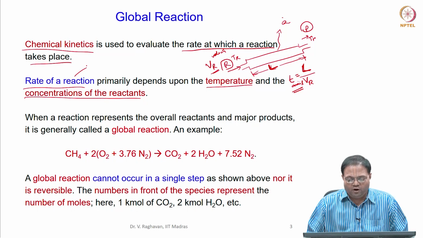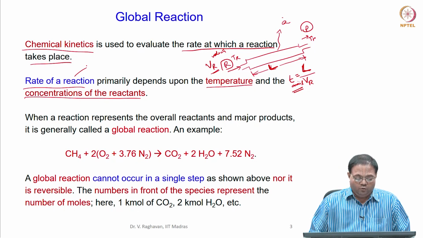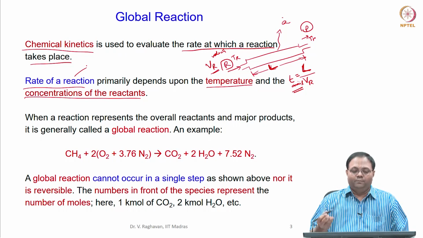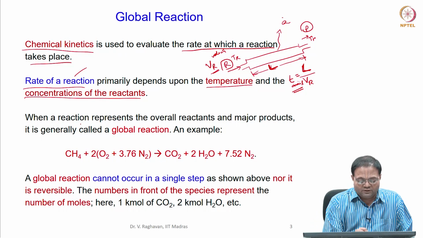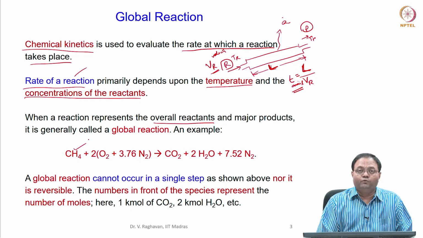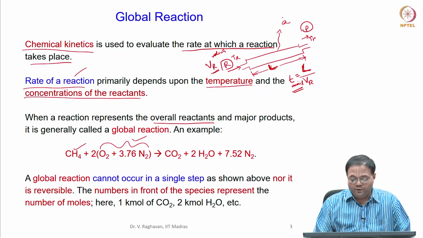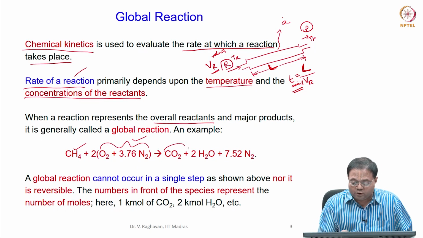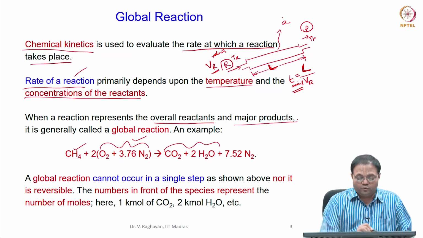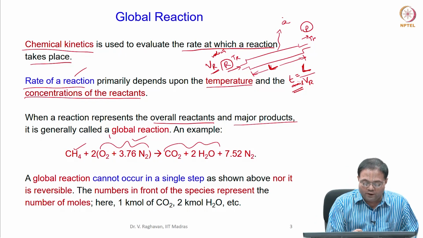First of all, let us take some reactants, like methane and air combustion. A reaction that represents the overall reactants, methane the fuel and air the oxidizer, and the major products, if I write it like this, is called a global reaction.